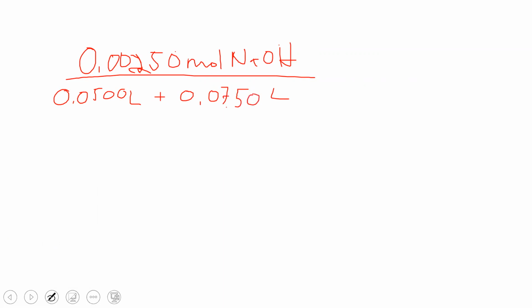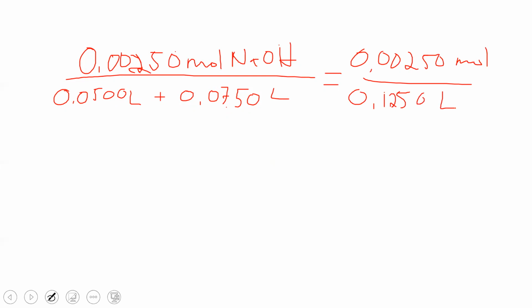So you get 0.00250 moles per 0.1250 liters. Okay. And so with a little bit of math, you wind up with the concentration of sodium hydroxide remaining. That is 0.0200 molar.